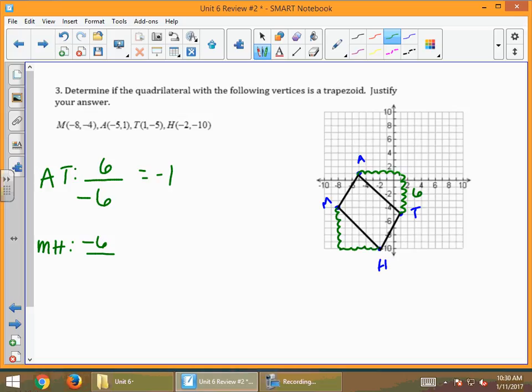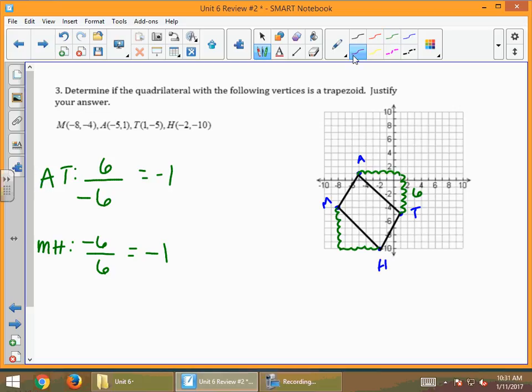How far do we go over? And that reduces down to negative 1. So we're good. Right? We have one set that's parallel. You can't stop here and say it's a trapezoid because you have to show that the other two aren't parallel in order for it to be a trapezoid.